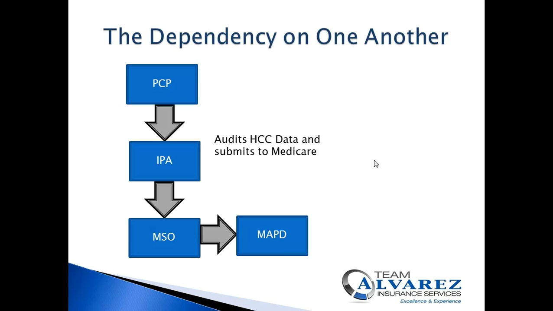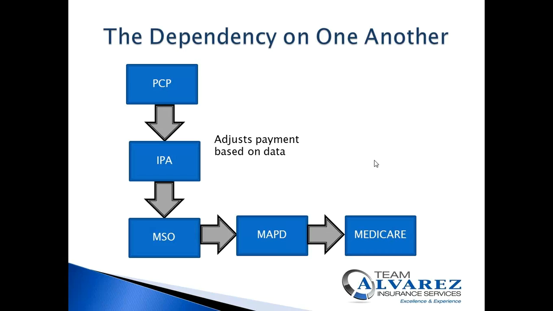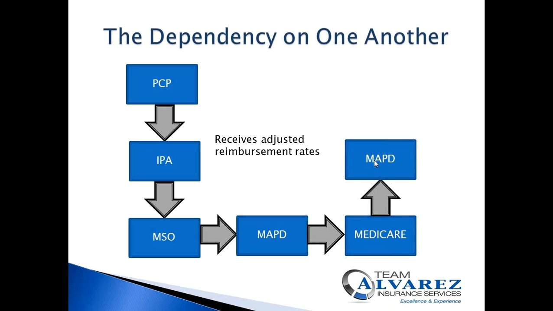So, again, at that point, the MAPD takes that information and submits it to Medicare, so Medicare can adjust their payment based on the data that's received. Okay? So then once Medicare makes their payment adjustments based on the updated RAF scores that they receive, they submit that back to the MAPDs who receive their adjusted reimbursement rates for those same patient groups. Okay.